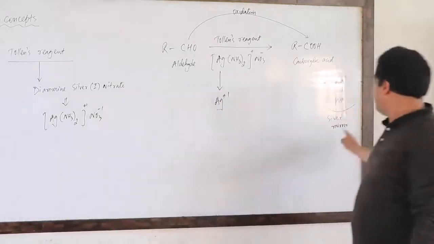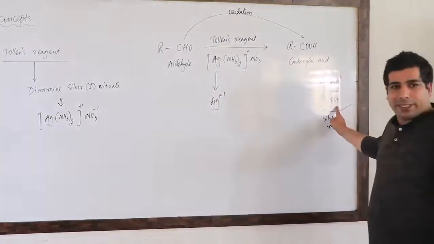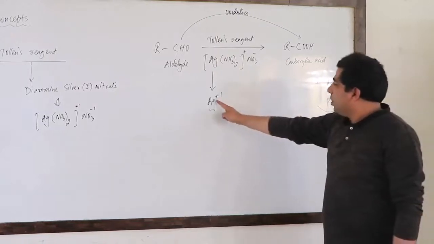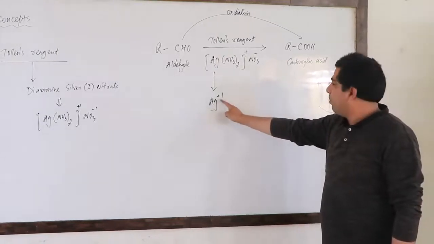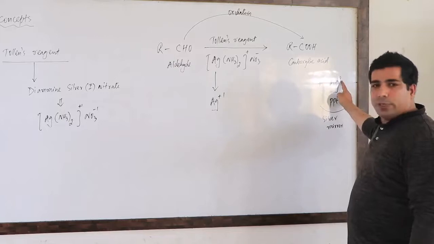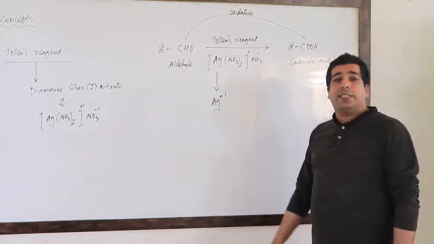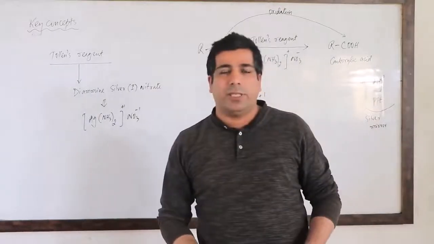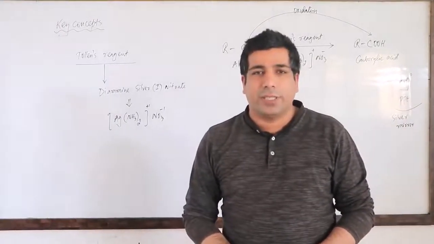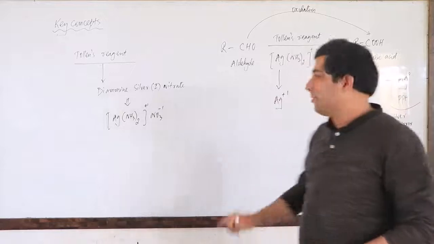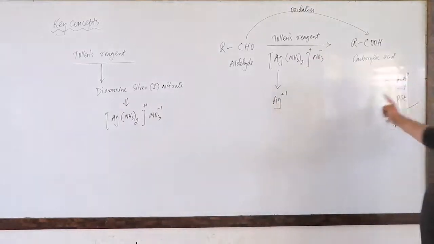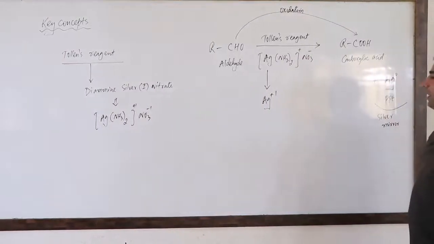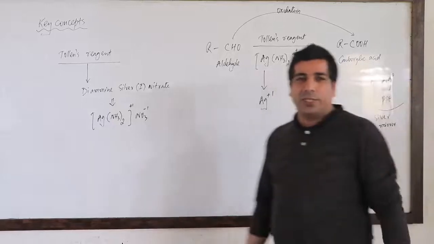Now look here. The oxidation state of silver goes from +1 to 0. That means a decrease in oxidation state, and a decrease in oxidation number is known as reduction. So silver +1 goes to silver 0. That means silver undergoes reduction.